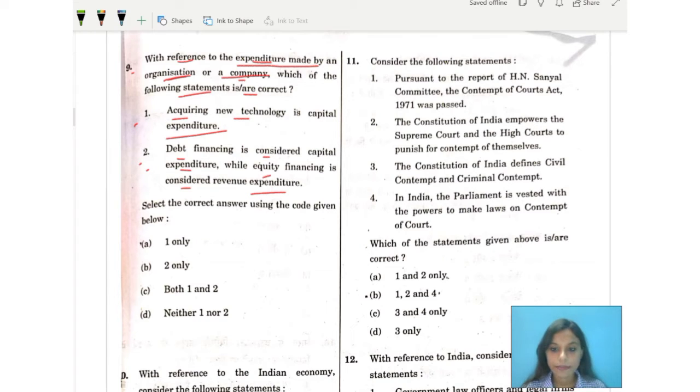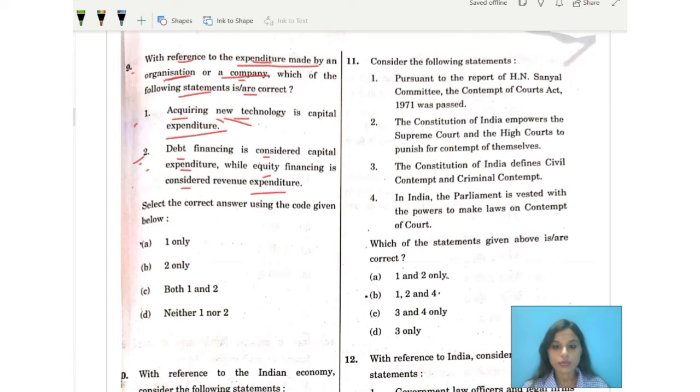So over here, you see statement 1, that is acquiring new technology is capital expenditure, is obviously correct, because acquiring new technology is considered as capital expenditure, which is absolutely correct. And why? Because it will generate profit in the future, obviously, and that will help in the creation of new assets.